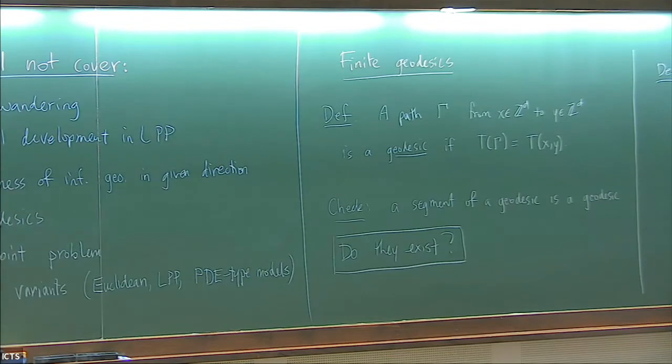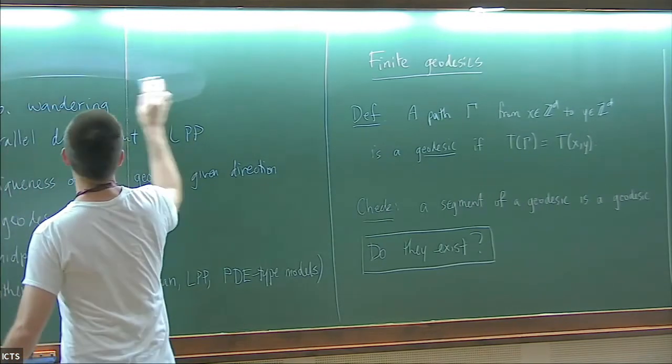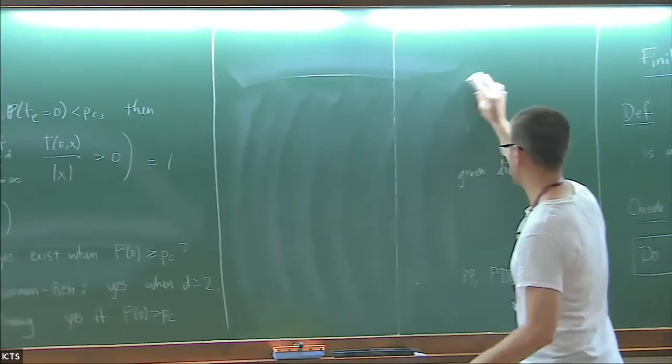Okay, so this was maybe the first result. Next one, Zhang showed the answer is yes if F0 is bigger than PC. So the only possible exceptional case where you may not have geodesics is the case where F0 is exactly the critical value.